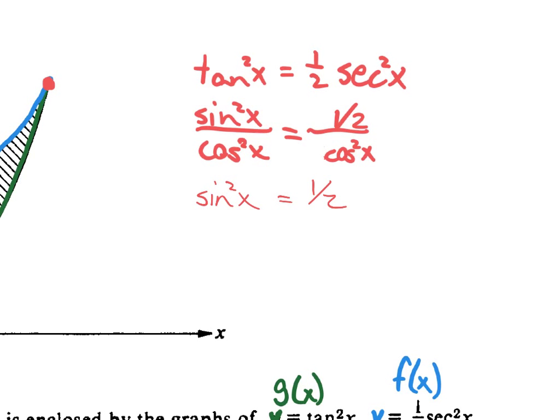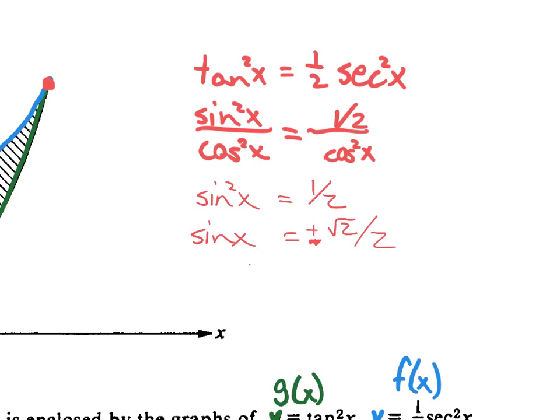You square root it. Sine of x is plus or minus root 2 over 2. Now, I know this is positive, so I can just ignore the negative. Where is sine root 2 over 2?